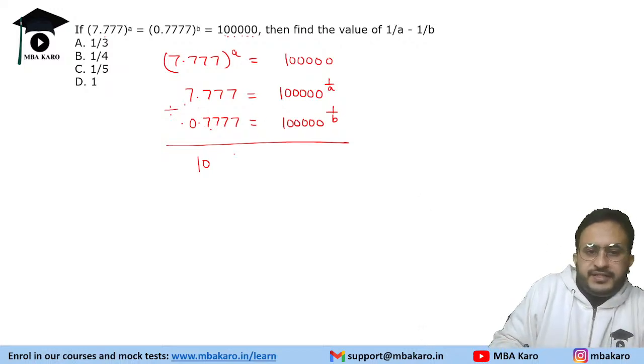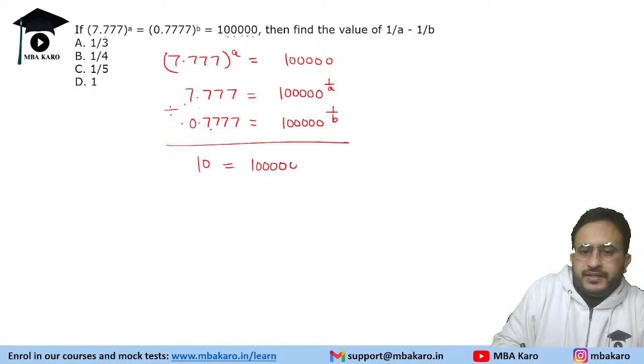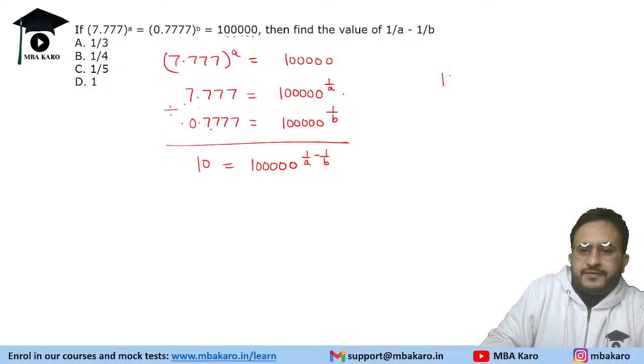So 10 is equal to 1 lakh raised to the power 1 upon A divided by this. Division means subtraction of powers, so it is 1 upon A minus 1 upon B, right? Now 10 raised to the power 5 is 1 lakh, right?